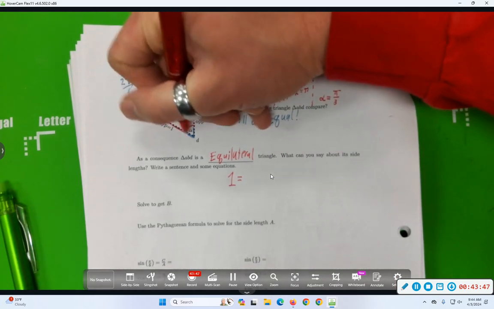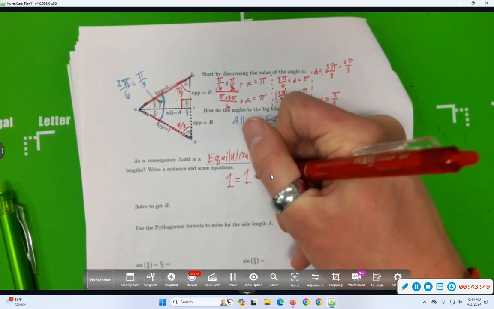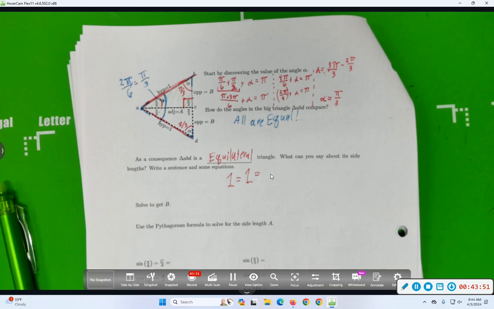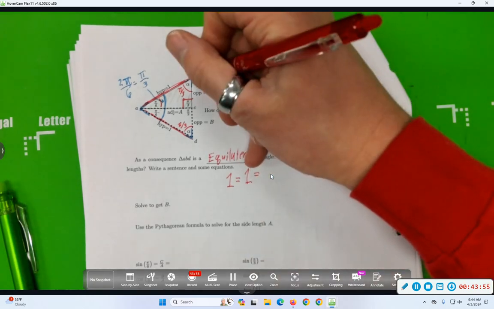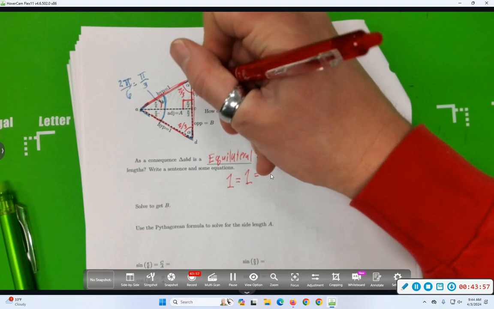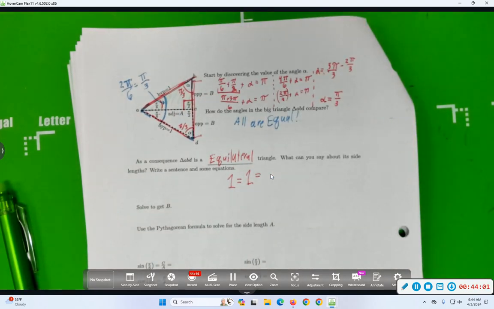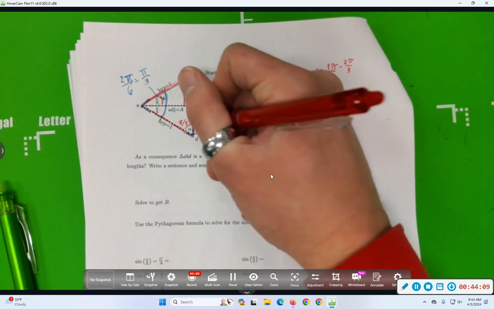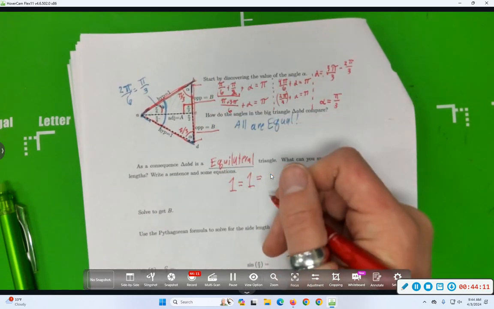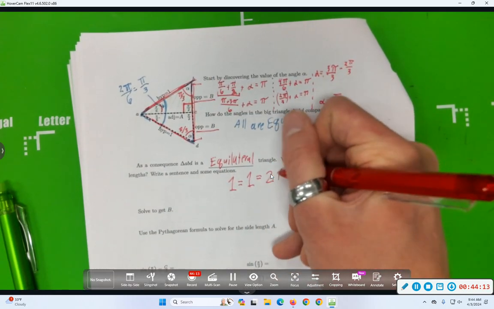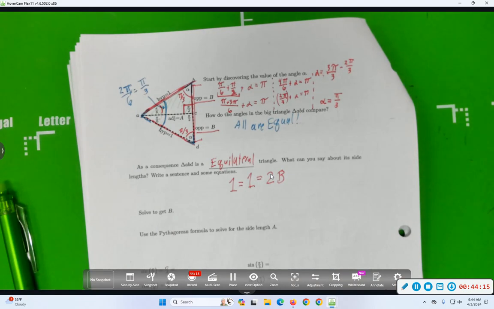There's another one of the side lengths of this big triangle. 1 equals 1 is not exciting. What about this side length? How long is that side length? Also has to be 1, but I already have a name for it. It's 2b. It's made up of a side length of length b and another side length of length b. Oh, cool. So what's b?